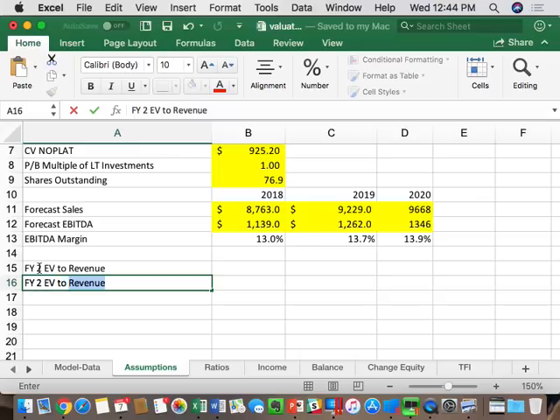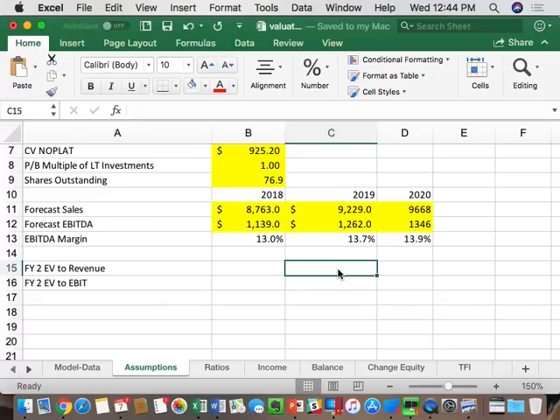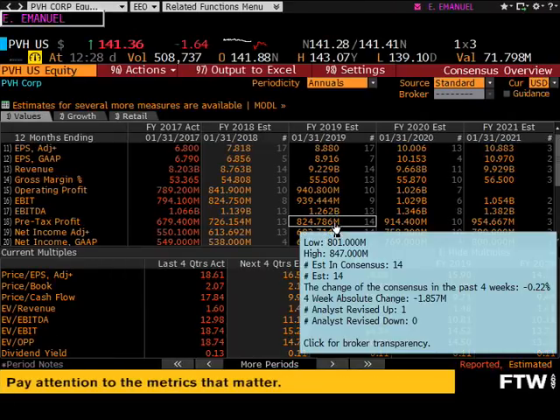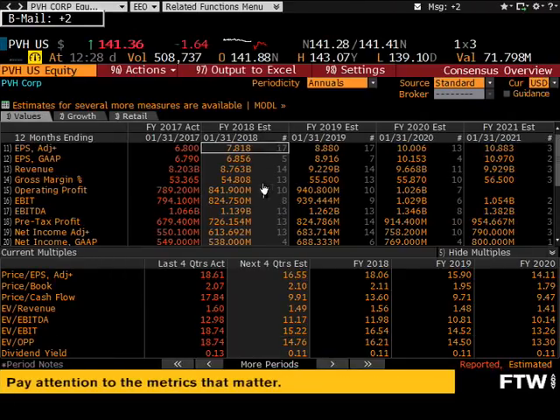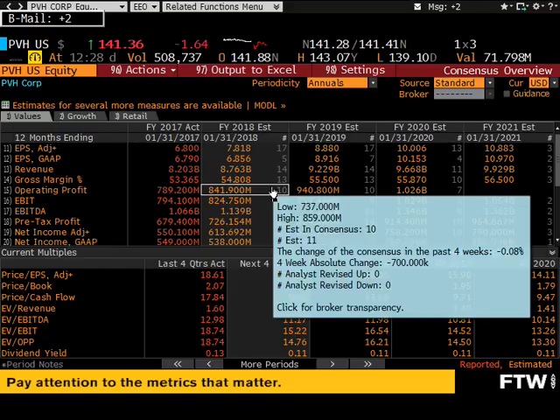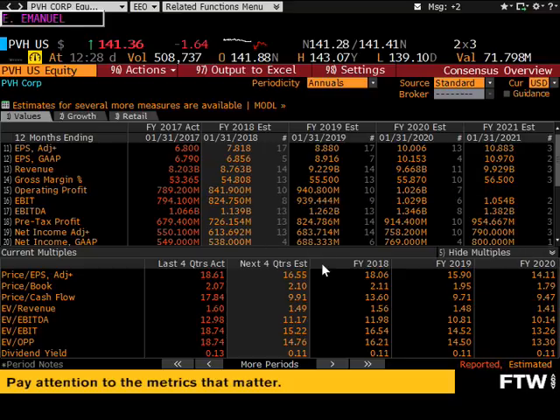EV to EBIT is the other number that I need. So for 2019, instead of using today, because the stock price is a little different than what it was on Monday when we first started working the model, I took a screenshot of where we were in the video on Monday.